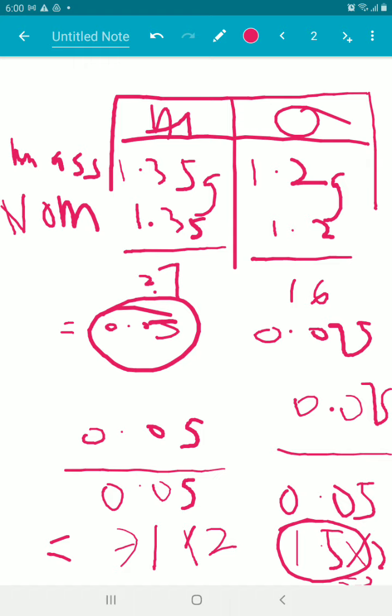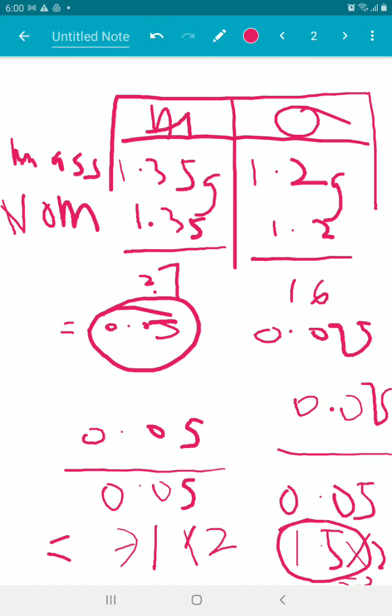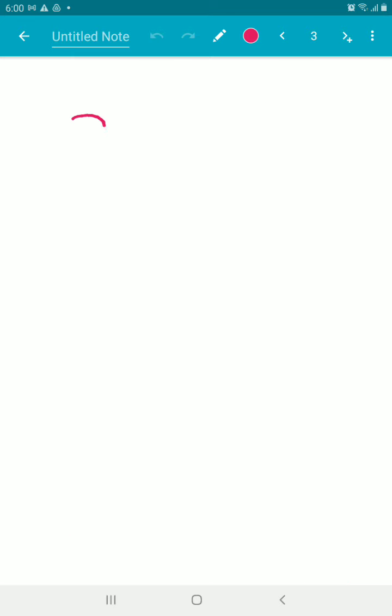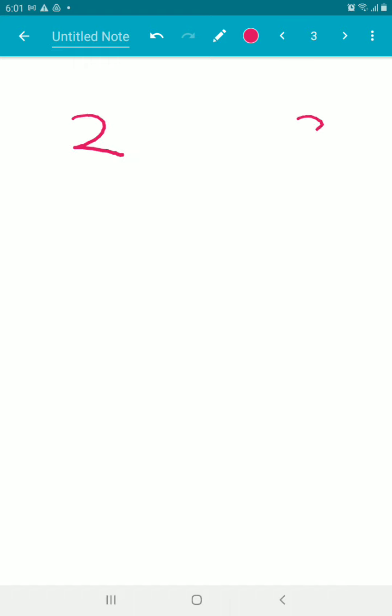So here, just now we got 1 times 2 equals 2. And for the aluminium side, 1.5 times 2 is equal to 3. So the ratio is 2 to 3, isn't it?